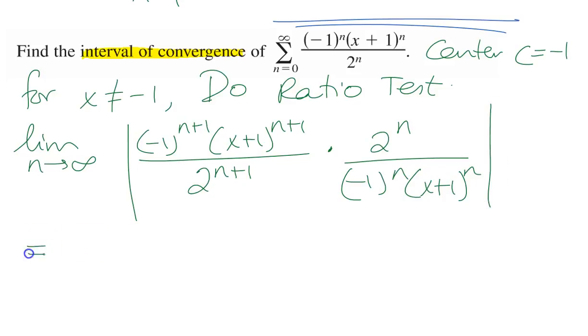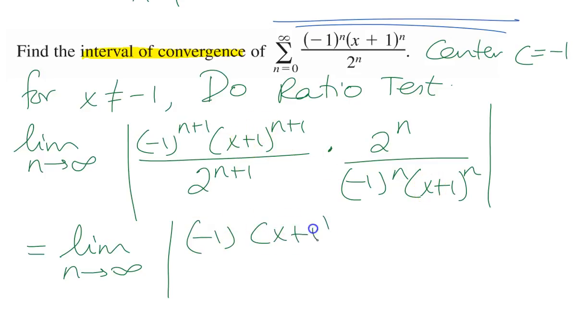Okay, so that's going to be limit as n goes to infinity of, where you have an extra -1 in the numerator, and you have an extra x plus 1 in the numerator, and you have an extra 2 in the denominator. Are you guys able to see how we are determining that?